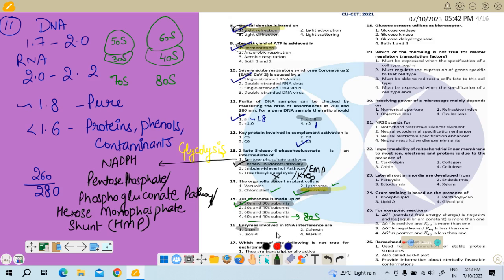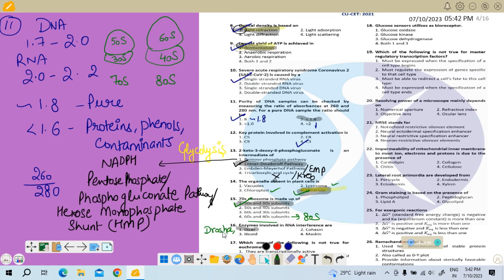Okay, next, the 16th question. Enzymes involved in RNA interference are dicer, cohesin, bicoid, maskin. Dicer is a topic from molecular biology, RNA interference. Along with dicer there is one more enzyme, that is Drosha.